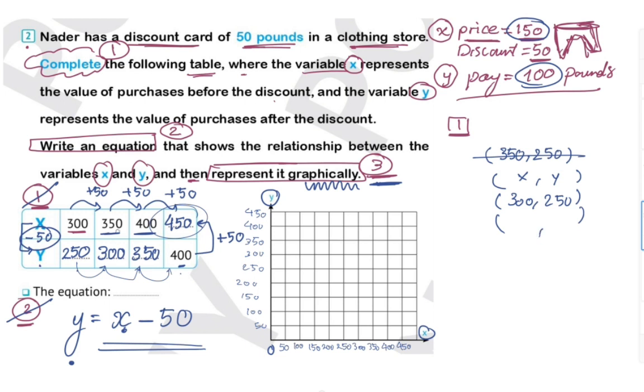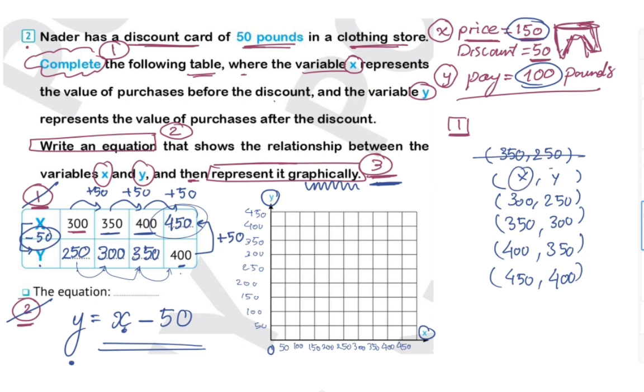Second one 350 for x and 300. Another one 400 and 350. Last ordered pair 450 and 400.